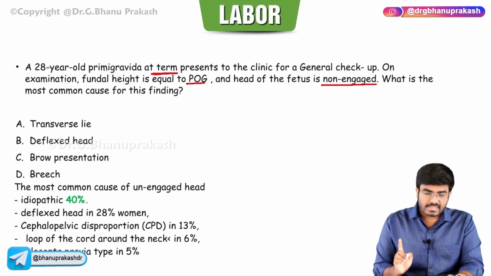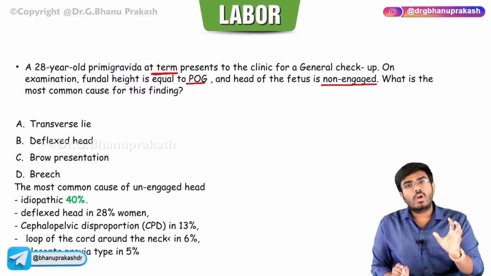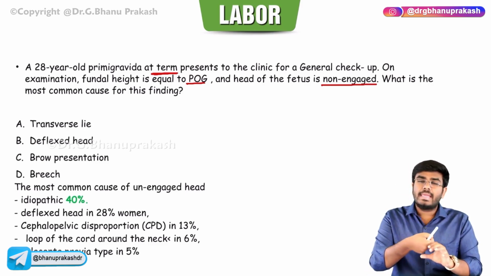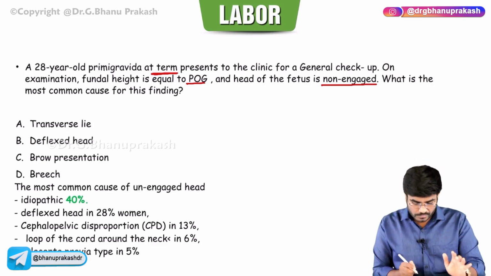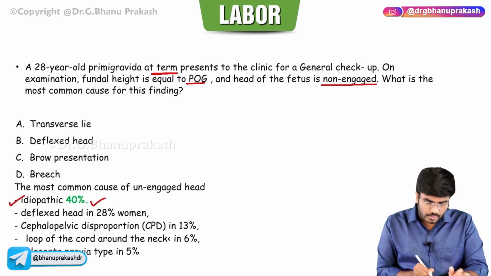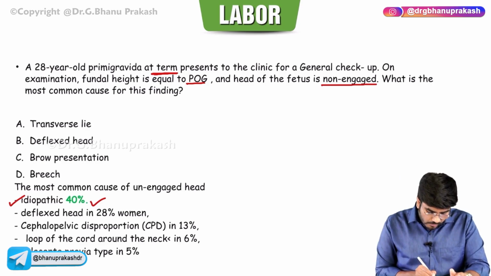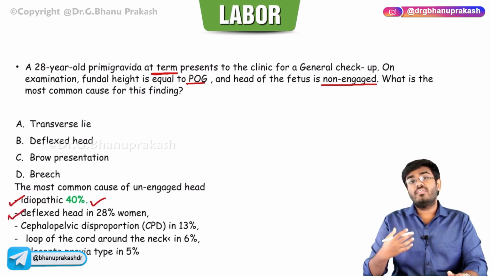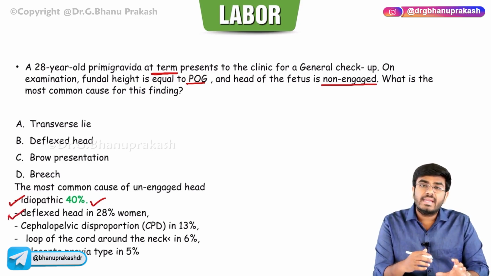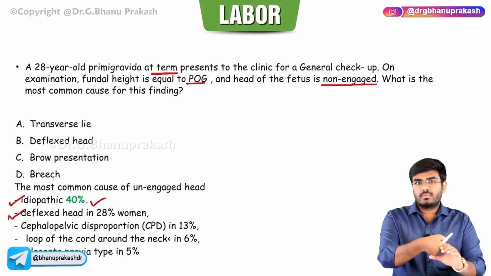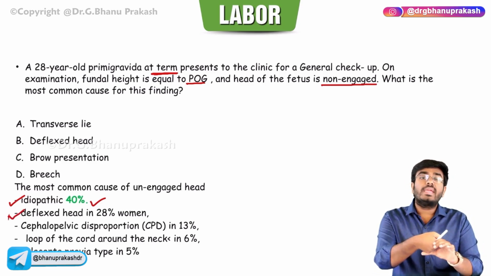Guys, please understand, at term the most common cause of non-engagement is idiopathic. We don't know. In 40% of the cases it is just idiopathic. Following that, in almost 28% of women, it's the deflexed head of the fetus. A deflexed head is not going to engage properly.